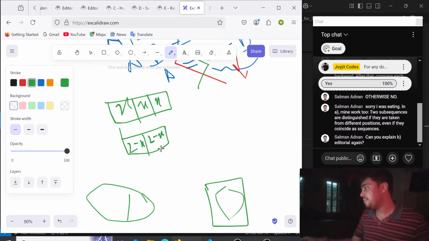Which means that which one is minimum? It is 2, right? 2 is the minimum amount, which means that I can form 2 pairs. This is one and this is one. This is what the formula means.